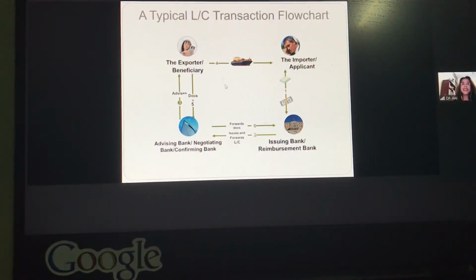Okay, the issuing bank normally is the importer's bank, right? The issuing bank is located in the importer's country. For example, it cannot know exactly whether you ship the goods or not. They just receive the documents, and based on the documents, the issuing bank checks the content.